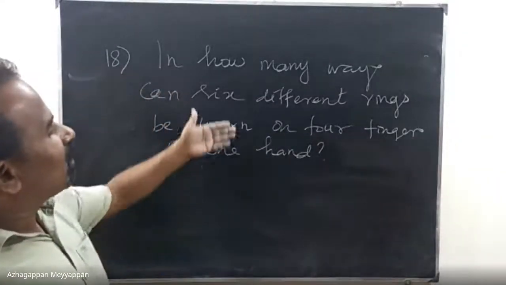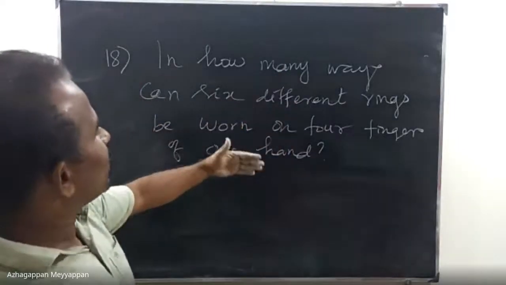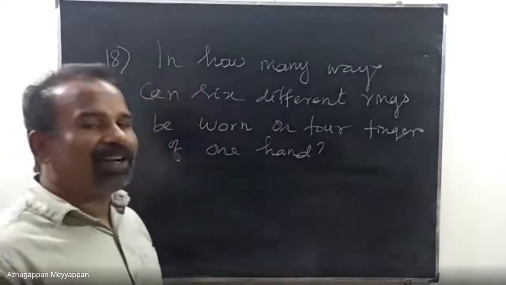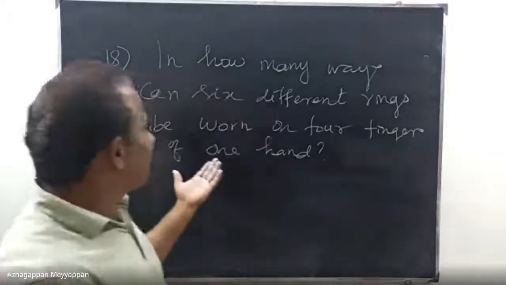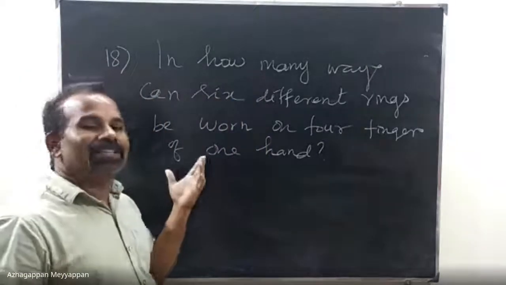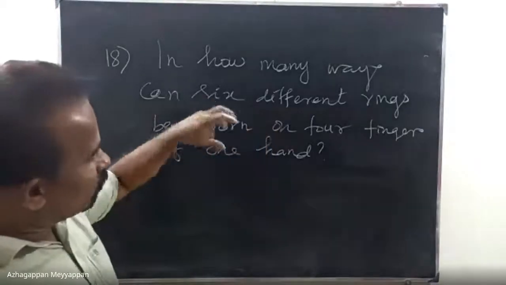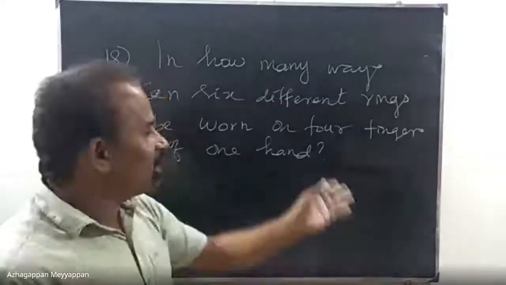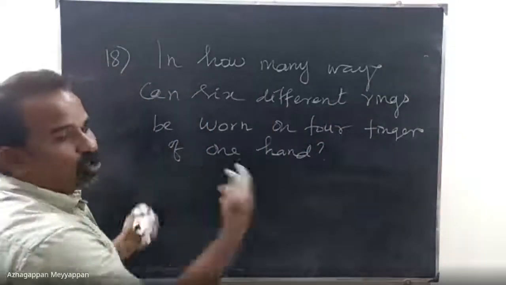So therefore we have to take 4 rings out of 6 rings. Whether it is combination or permutation, definitely it is a combination. Okay, 4 rings out of 6, I am taking these 4. Today I am wearing these 4, next I am wearing another 4. So therefore, this definitely has no order.